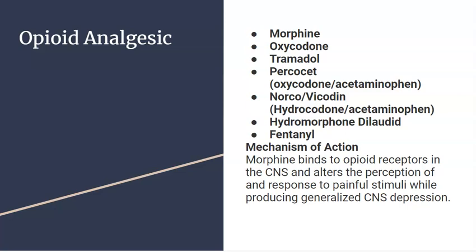Some key things to know about opioid analgesics are tolerance, physical dependency, and addiction. And we'll briefly discuss what the differences are. So tolerance is an occurrence of the body becoming accustomed to an opioid and needing a larger dose each time for pain relief.